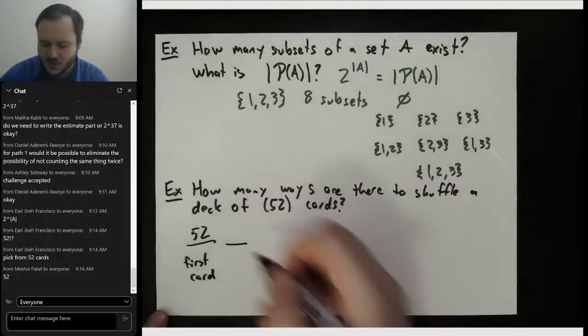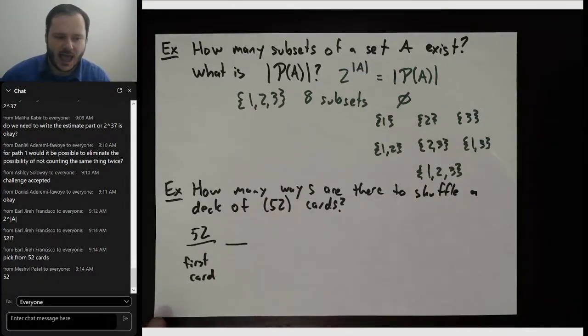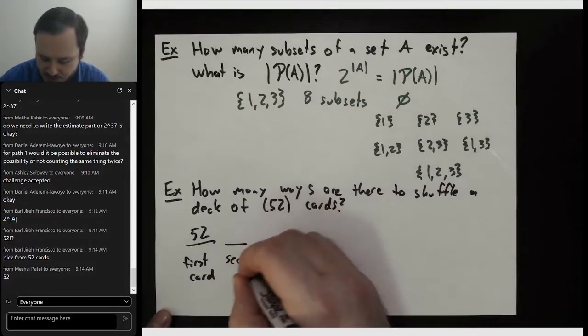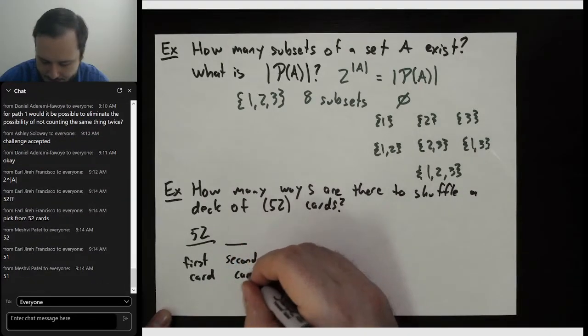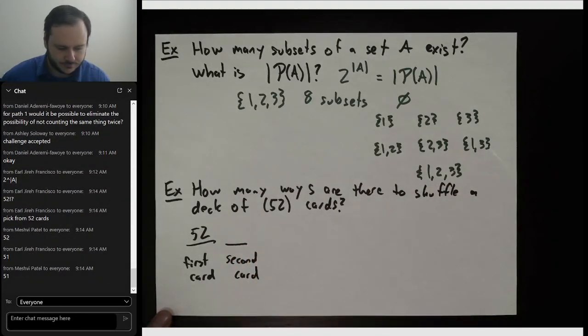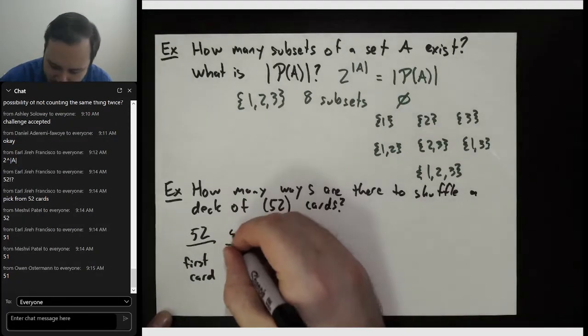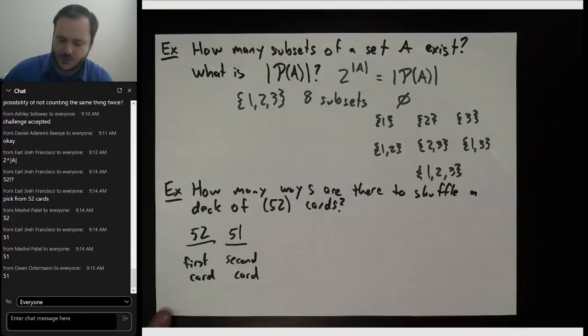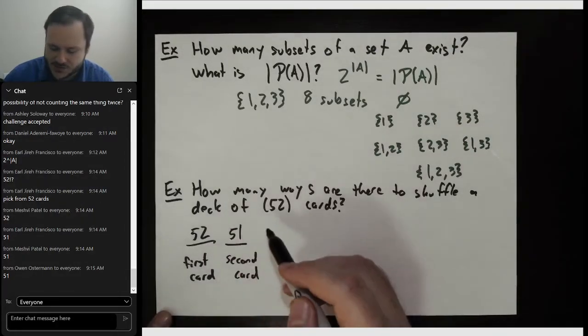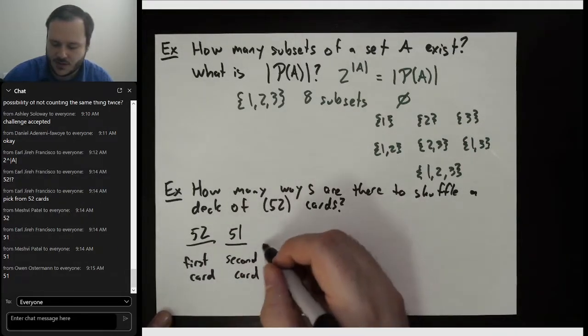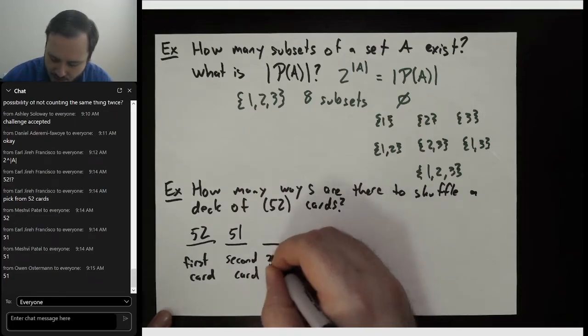Okay. How many options do we have when it comes time to pick our second card? We only have 51. Our first card has already been picked. There's only 51 cards left now. How many for our third card?